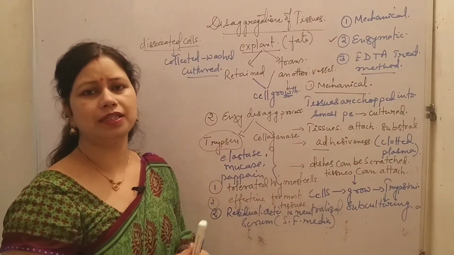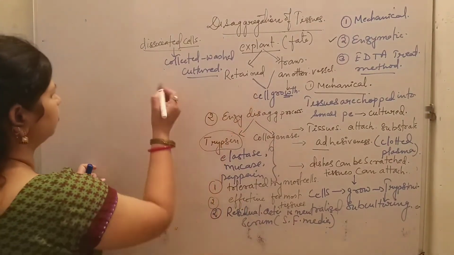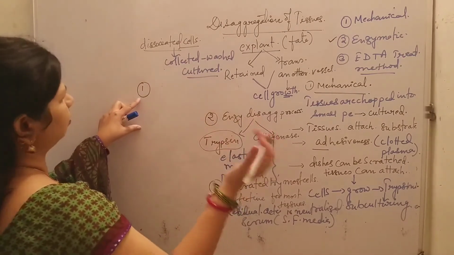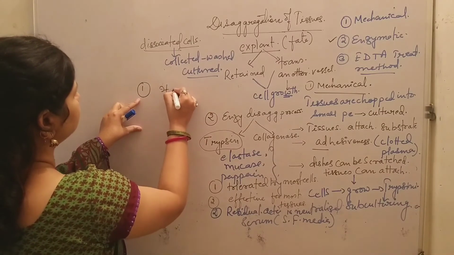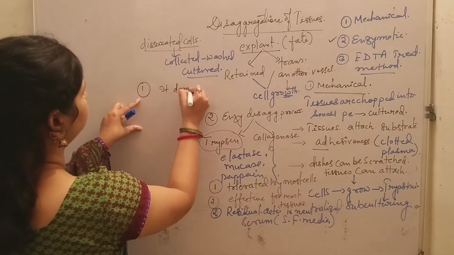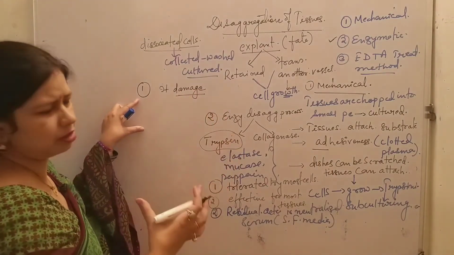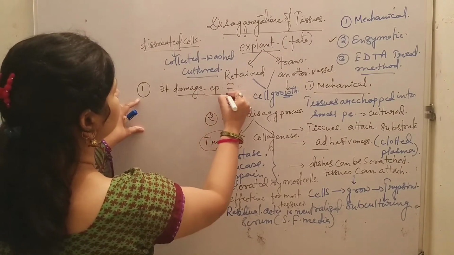We cannot say that these are the disadvantages, but actually these are the effects of trypsin, or we can say this is also a disadvantage. It may be damaging, not in all the cases, but it may be damaging, for example epithelial cells.